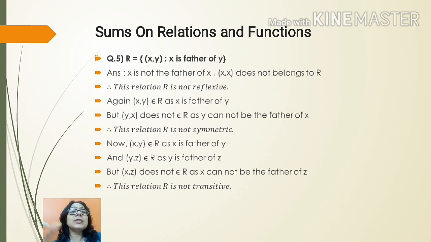So this is not symmetric. Next, (x, y) belongs to R as x is the father of y. Then (y, z) belongs to the relation R, because y can be the father of z. But (x, z) cannot be in the relation, because x cannot be the father of z. So this is not transitive.